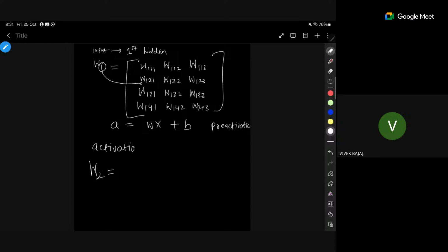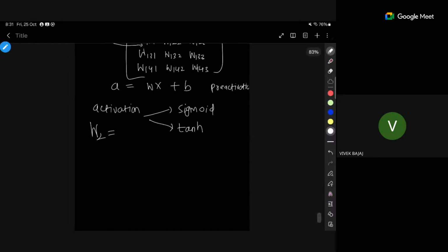For now let's consider we have 2 activation functions, sigmoid and tanh. These 2 were explained in week 3, so that's why these 2. More will come up in upcoming sessions.